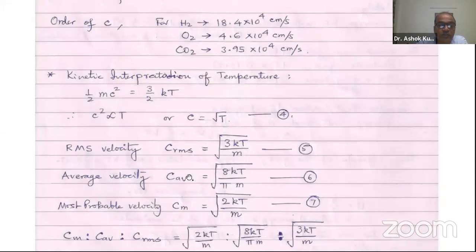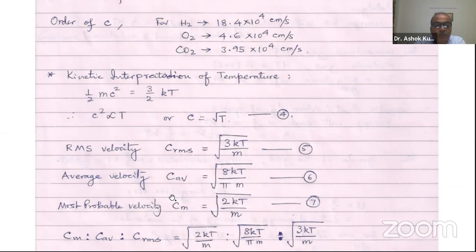So if v1, v2, v3, v4, v5, etc. are there, divided by n number of molecules, this is the average velocity. Of course, here too we use the C value, but it is the velocity. Some books use V_RMS, V_average also.